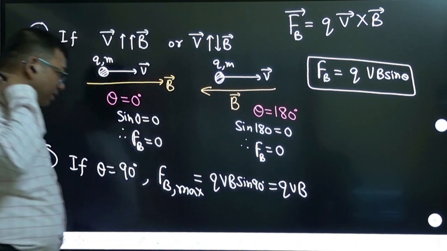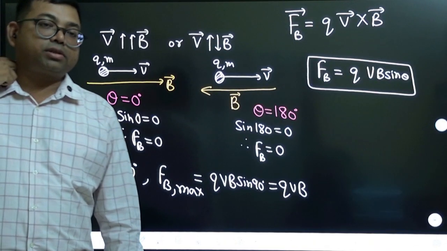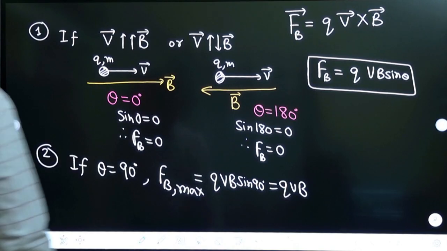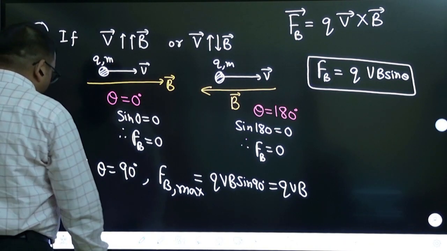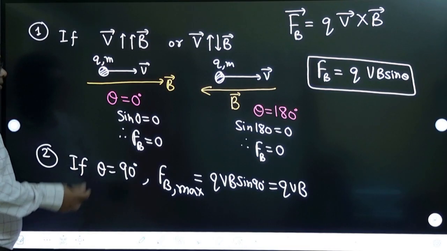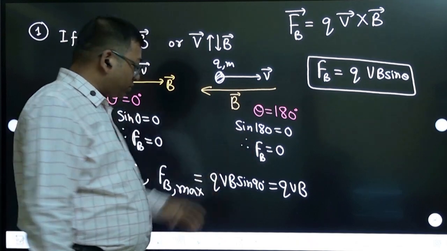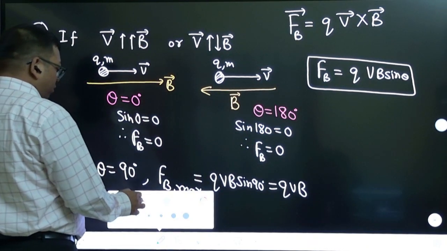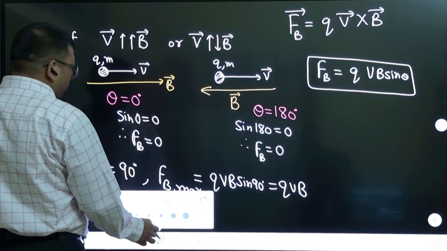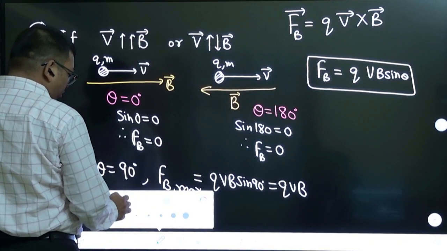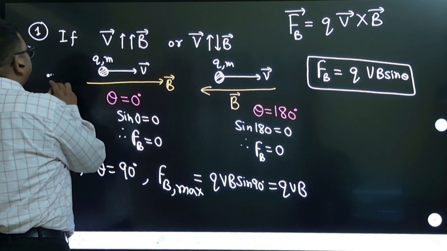Okay, this case we have to study a little bit in detail. So when the maximum magnetic force is acting, how can we understand the force and what will be the trajectory? Here note that in the previous case, because magnetic force is 0, the particle will continue in the straight line. Okay, so here suppose particle is moving, particle will continue its motion in this straight line.